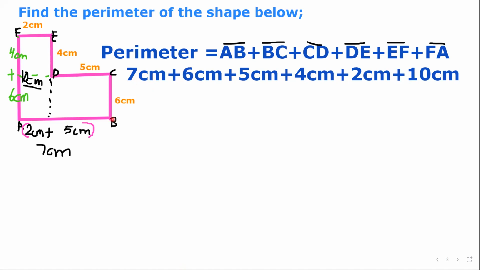Now, when you have the 7 plus 6 plus 5 plus 4 plus 2 plus 10, that is 34. So that is 34 centimeters.